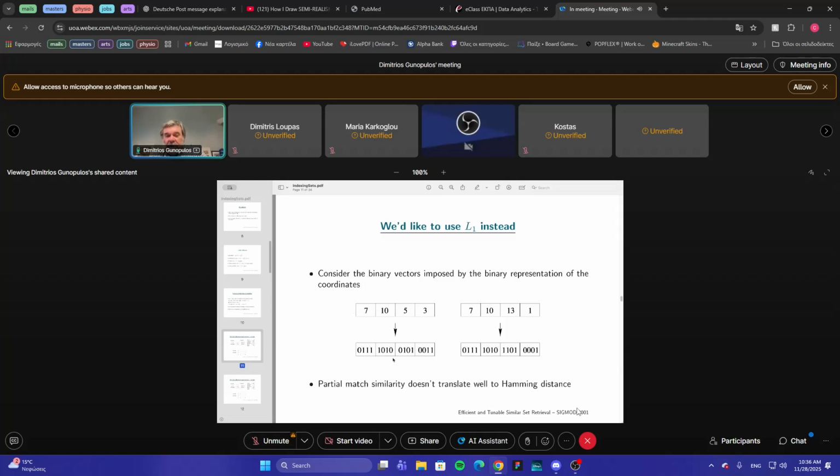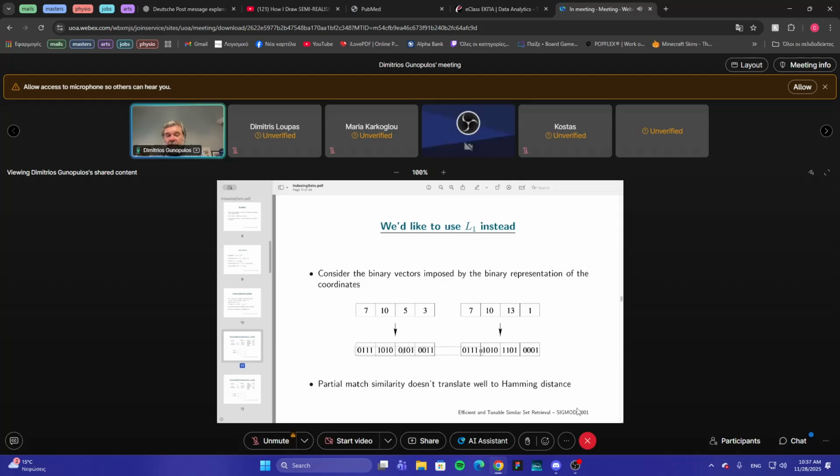as a binary vector. This is a binary vector. This is another binary vector. Let's look at the similarity of these two binary vectors. It's not exactly the same, right? Because I care if 5 and 13 are the same or not the same, and the binary representations of 5 and 13 are quite similar.